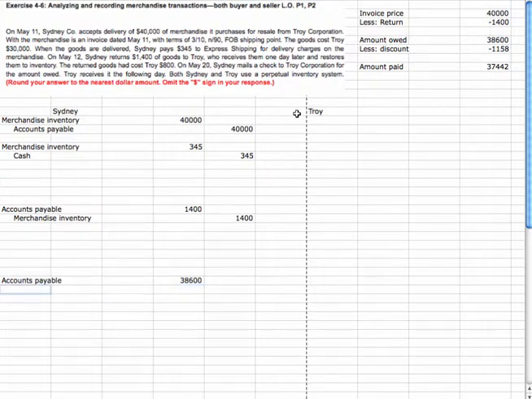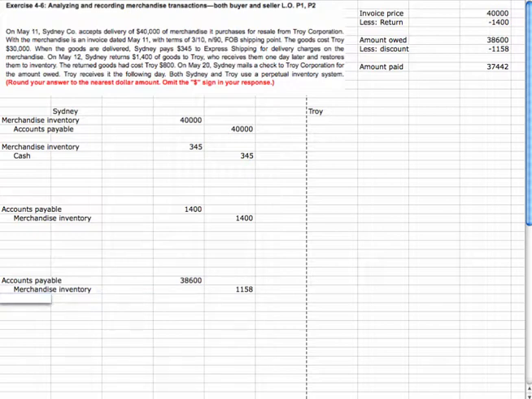Now, because they don't have to pay this $1,158, which is their discount, they're going to have to reduce the value of their merchandise inventory because they know they didn't have to pay that amount when they bought this $40,000 inventory originally. So we're going to reduce that merchandise inventory value for the amount that we didn't have to pay. So in other words, that $1,158 is going to be reduced out of merchandise inventory.